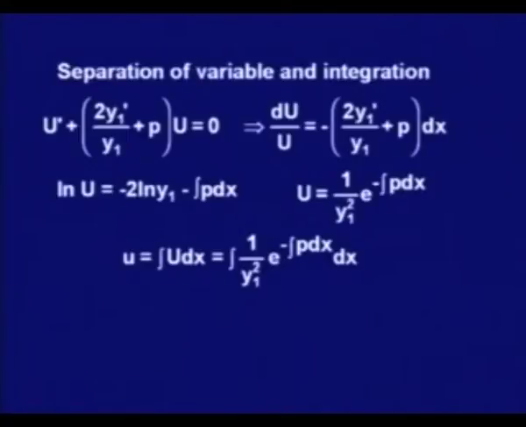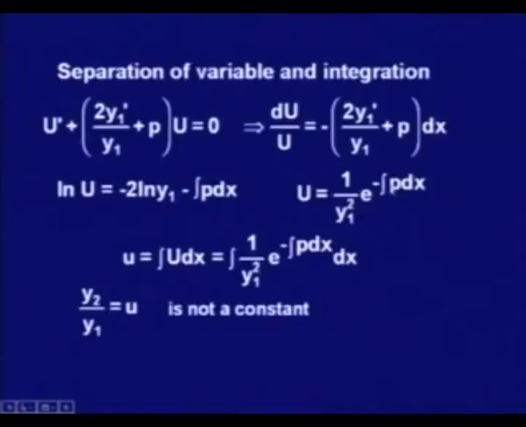Now, we see that this function u is the ratio of y 2 and y 1. We have got the second solution as y 2, the first solution was y 1. This ratio is u. This is not a constant. Why? We see that u dash, that is this capital U, is 1 upon y 1 square e to the power minus integral p dx.